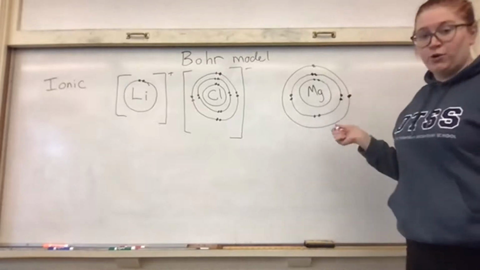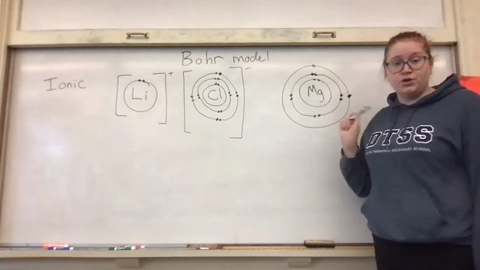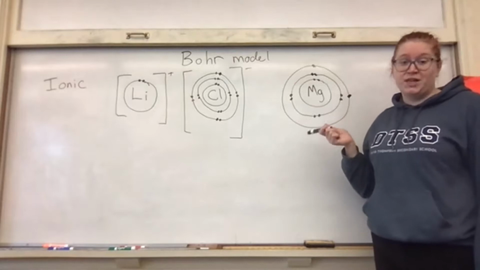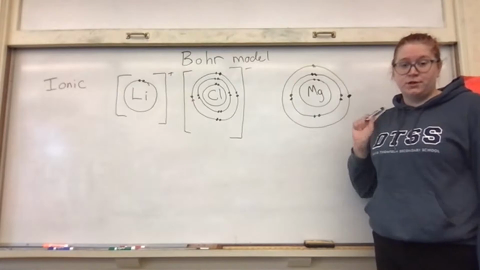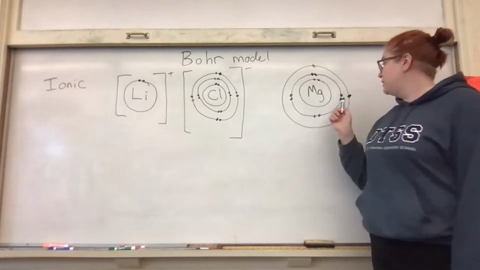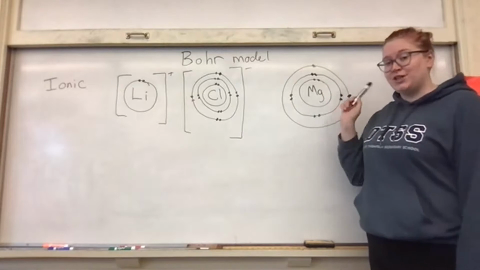Cool. Okay. So how many electrons does this need to lose or gain to become a stable ion? It needs to lose these 2 electrons in its outside shell.